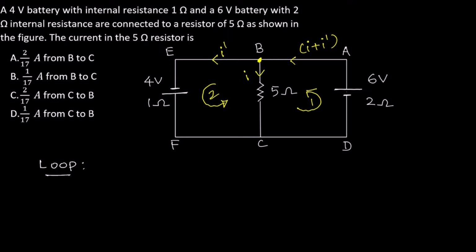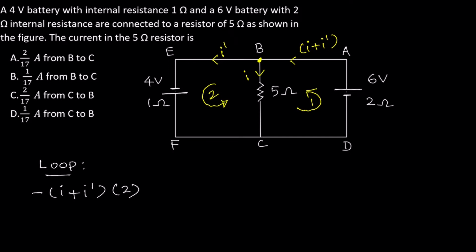So if you are moving in the direction of the current, there is a drop in potential. What is the drop in potential? It is current multiplied by resistance. The drop is indicated by a minus sign. So minus (I plus I prime) multiplied by 2.